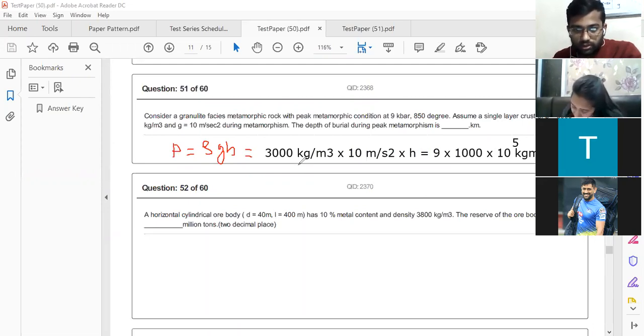You calculate this: kg in numerator, kg in numerator. Here meter, that is meter square, and this is also second square, second square.